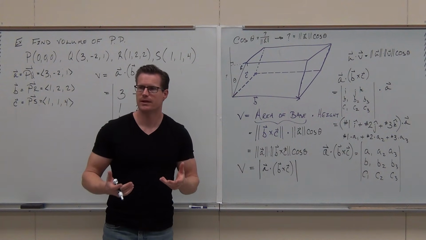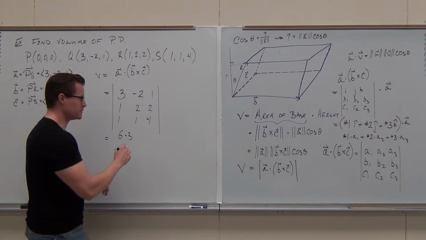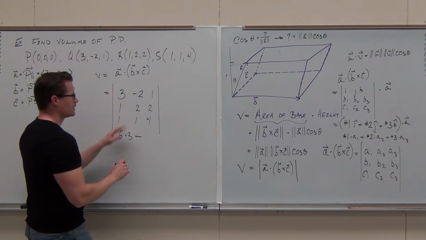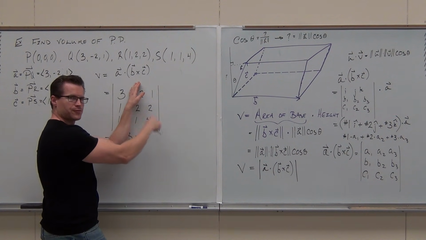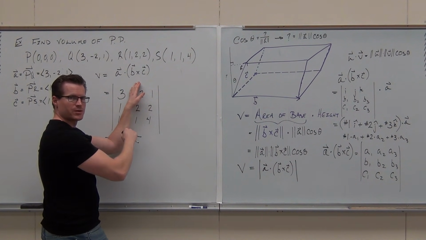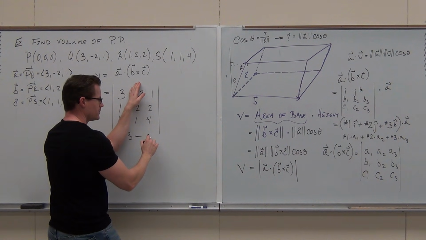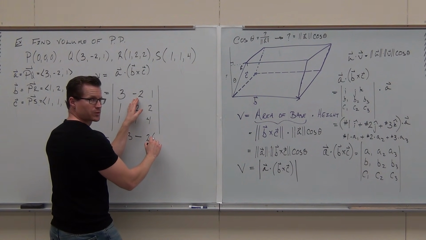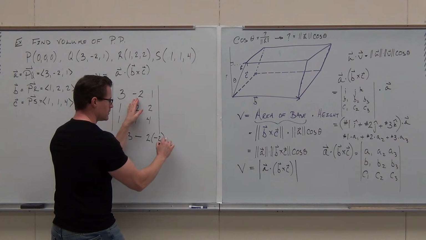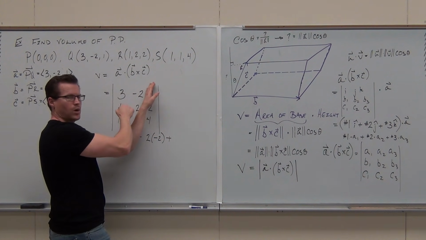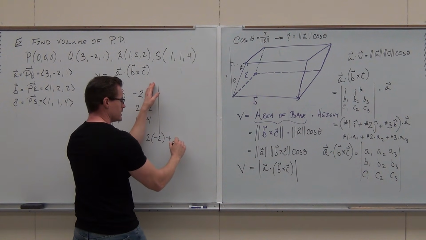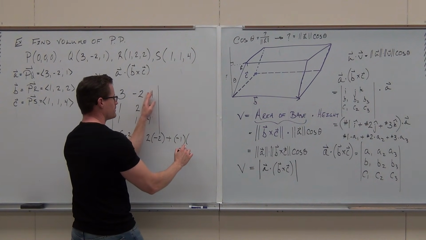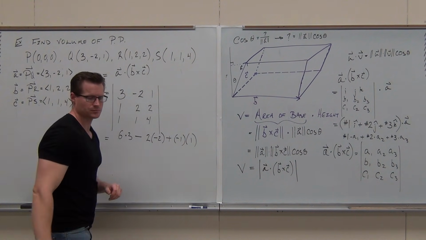Hey, that's it. What's the next sign that we put? Minus. Cover that one up. I've got 4 minus 2. How much is that? 2. But then I'm going to be multiplying by, be careful in sign, multiplying by negative 2. I've got 1 minus 2, that's negative 1, and I'm multiplying by 1.